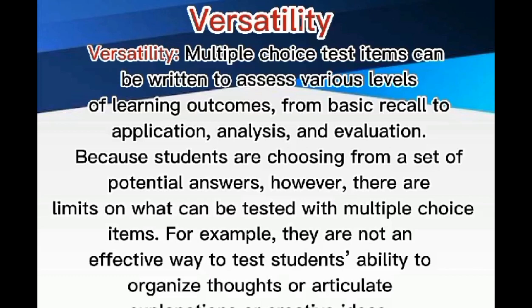Because students are choosing from a set of potential answers, however, there are limits on what can be tested with multiple choice items. For example, they are not an effective way to test students' ability to organize thoughts or articulate explanations or creative ideas.